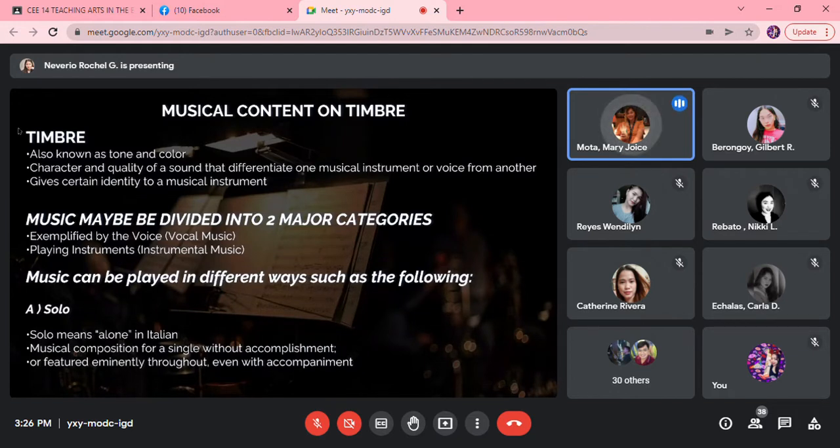So, ayun yung tinatawag natin na duration. Kahit isang beses ko lang siya i-strum, tuloy-tuloy po yung naririnig natin na sound. Ganon. And also, yung sa singing.